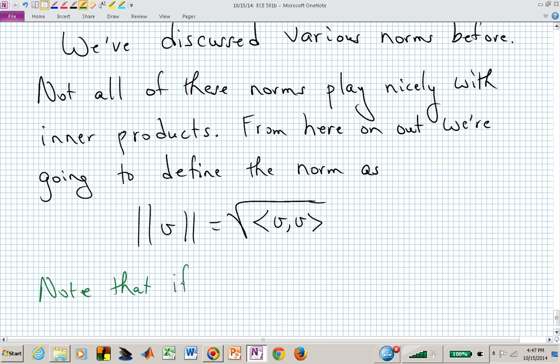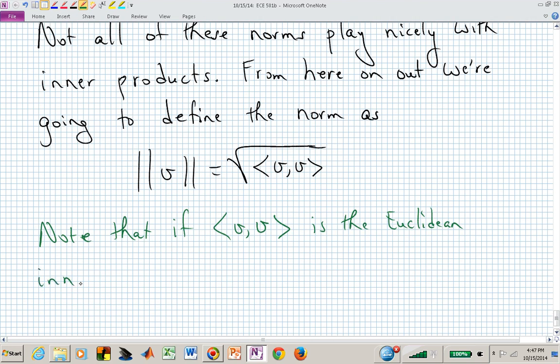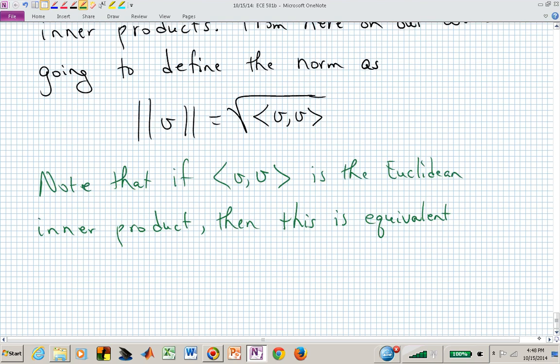Note that if this inner product is the Euclidean inner product, then this is in fact equivalent to our earlier definition of the 2 norm.